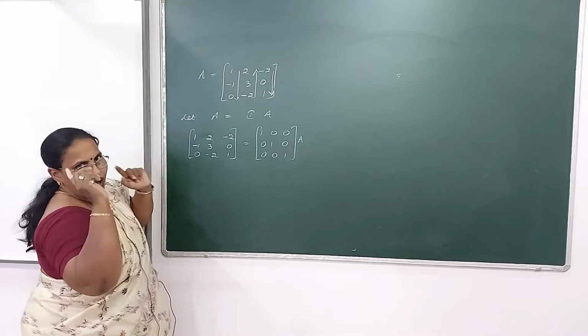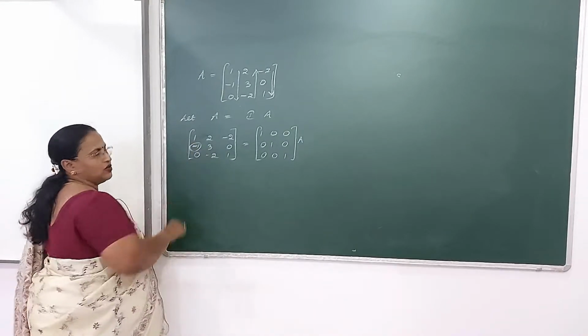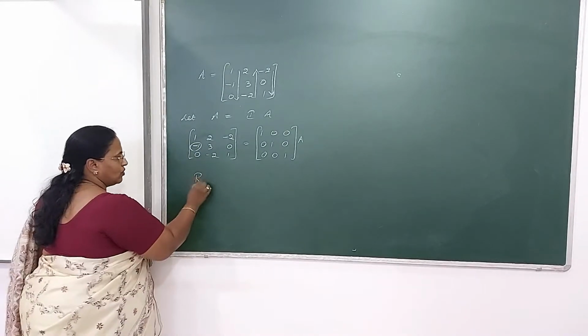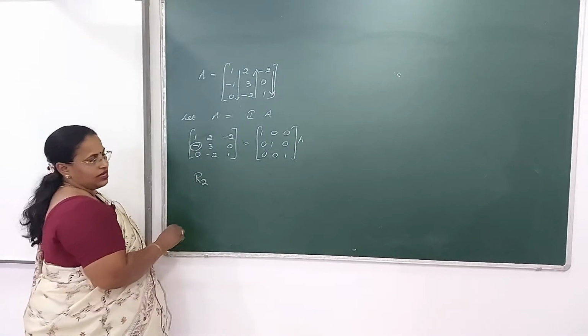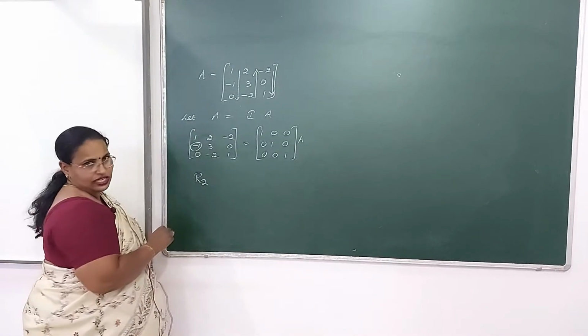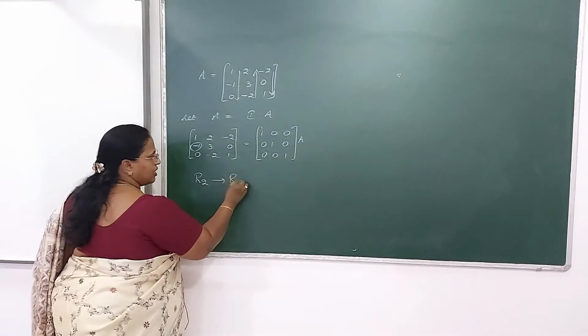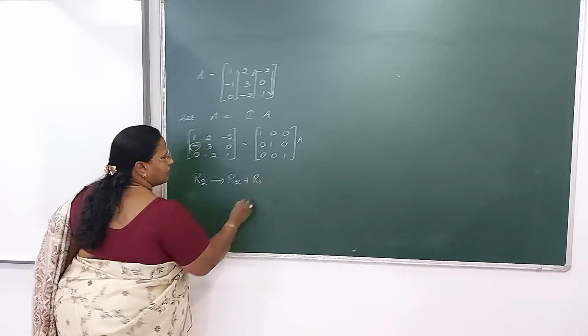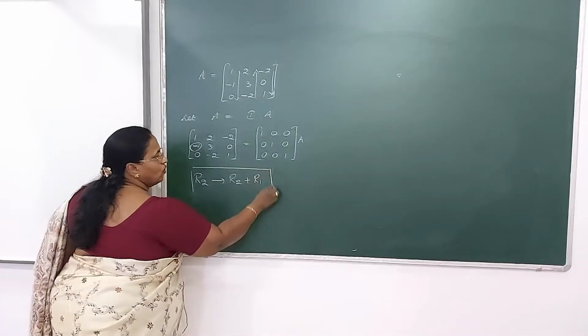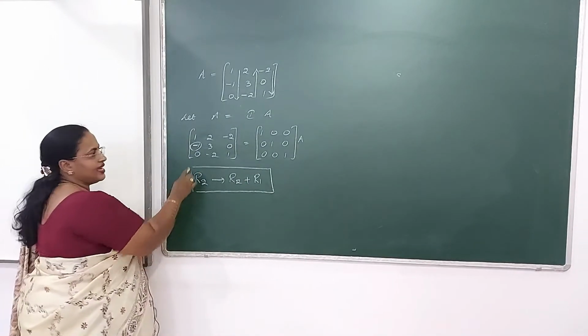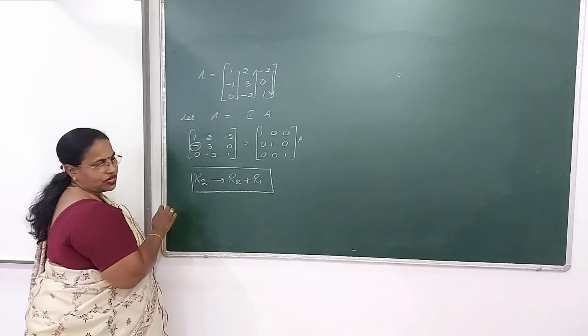So simply you have to convert this position as 0. So what to do? We'll be taking the help of R1 here. So R2 replaced by R2 plus R1. Why are we doing so? To get 0 here at this point.